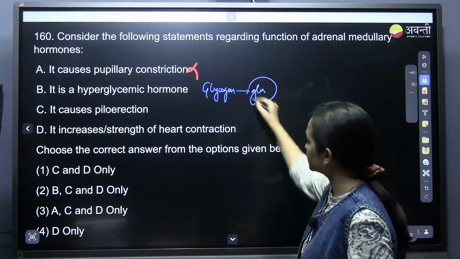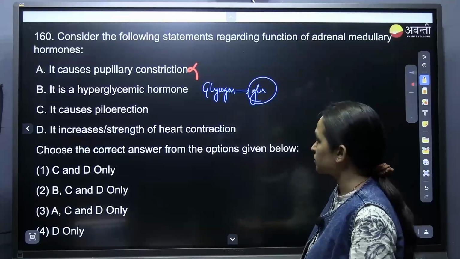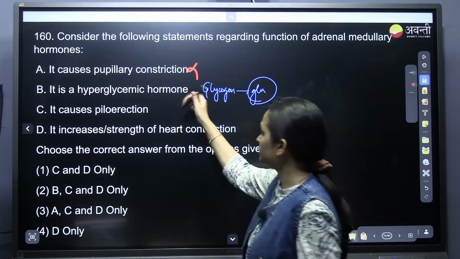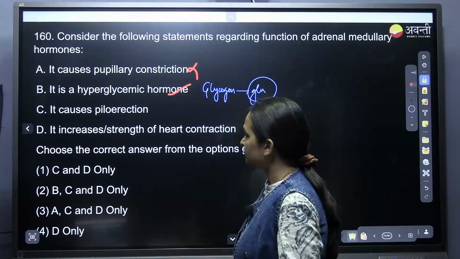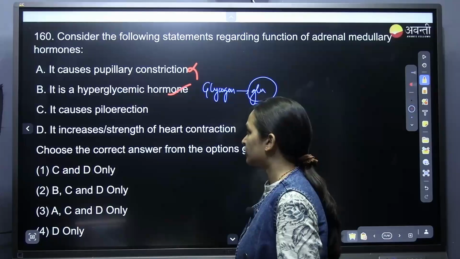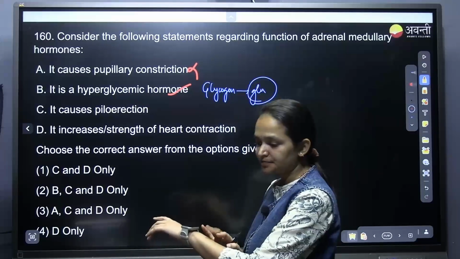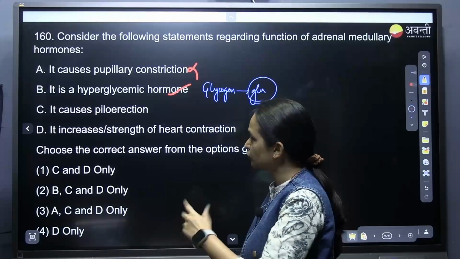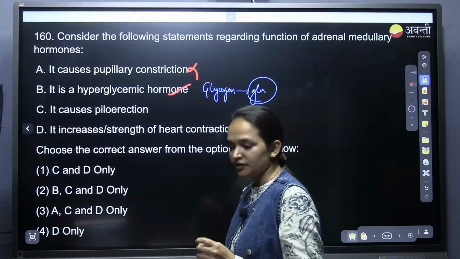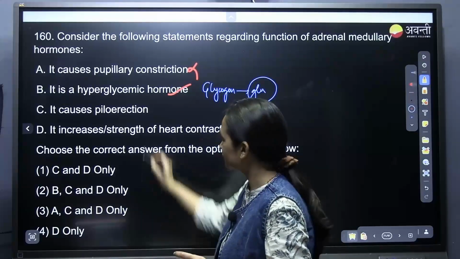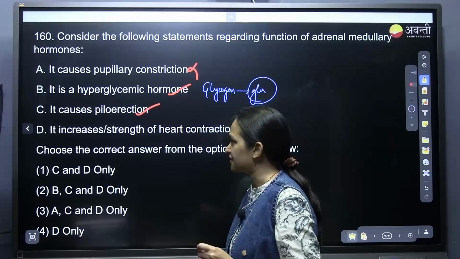So it increases the intake of glucose in the cell. Hyperglycemic hormone, this is true. It causes piloerection, like goosebumps. Pilo muscles will be there, so it causes goosebumps. When you are frightened, actually you get goosebumps, right? So this could also be the case.